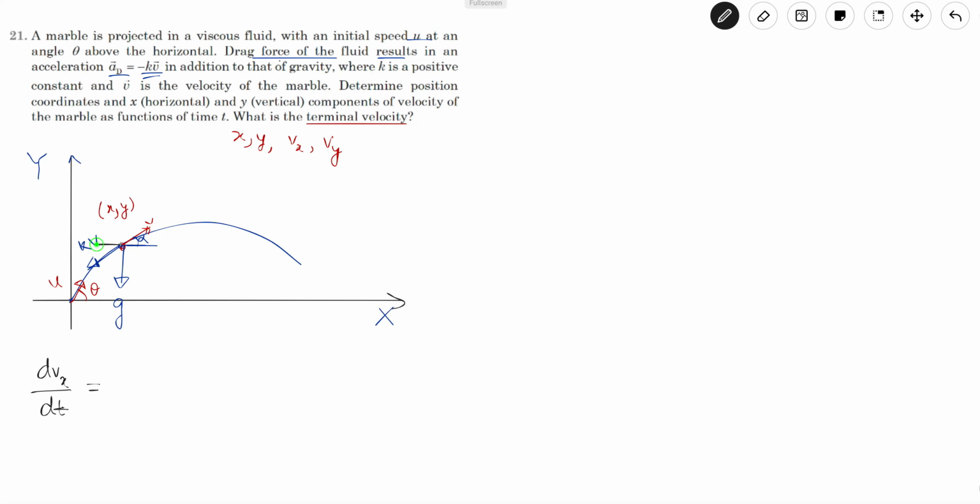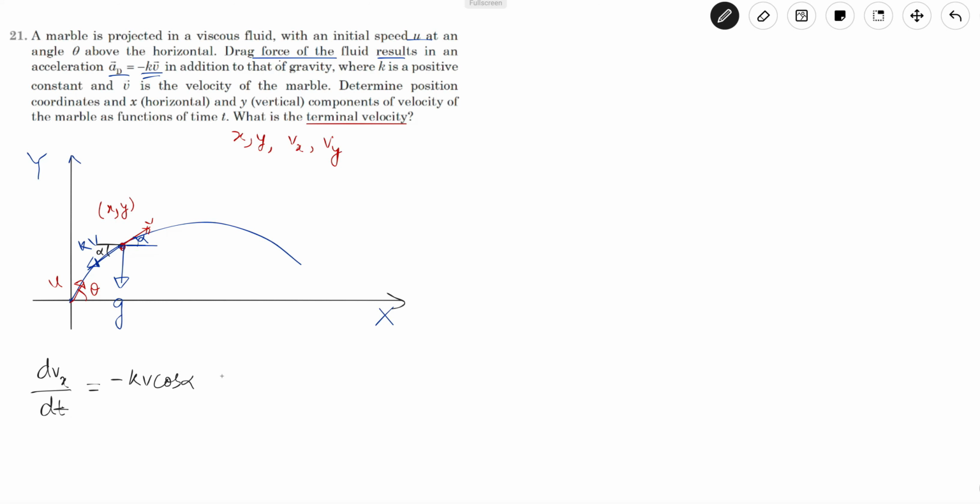This angle is alpha, so this angle is also alpha, vertically opposite angle. So dvx over dt, along the horizontal direction, will be only the component of kv, which is kv cosine alpha with a negative sign. Why negative sign? Because dvx over dt is along x direction, and kv cos alpha will be along negative x. So this is our one equation.